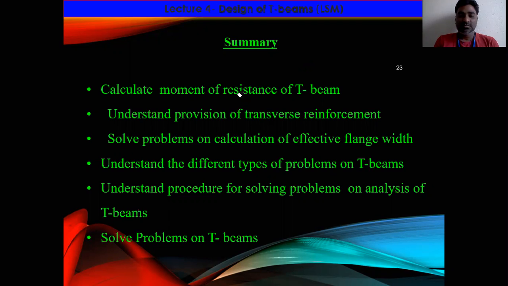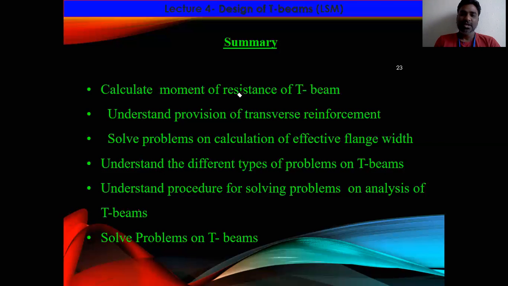Then we solved some problems on determining the effective width of the flange. That means in the last class we discussed what is meant by effective width of the flange, because the stress distribution is minimum at the edges and maximum at the center. So for simplification, we are assuming a rectangular distribution, by reducing the actual width of the flange.